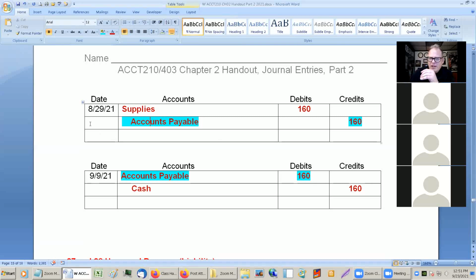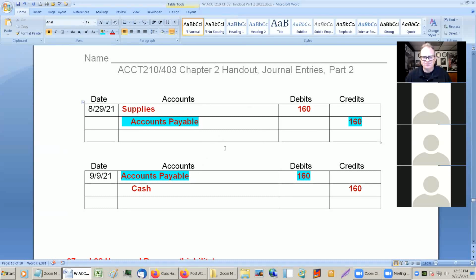So this accounts payable is just holding a place, saying that when this gets paid off, the transaction will be supplies and cash. Whether you buy something on credit or for cash, in the end it is all going to come out of cash. Intuitively, it just has to. So that's why I put these two together, to show the whole circle of life of a transaction.